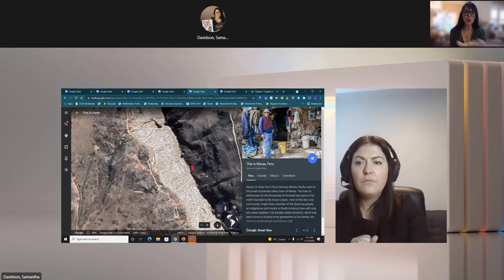So right now, if we just look at this Maris Peru, it's giving us that image like you've shown us on the top right-hand side. It's giving us some information. And then on the left-hand side, I'm seeing a map. Now, what's really great is you can actually click on the street view person. If you click on that person and click and drag, wherever it appears as blue on that map, you can actually drop your person.